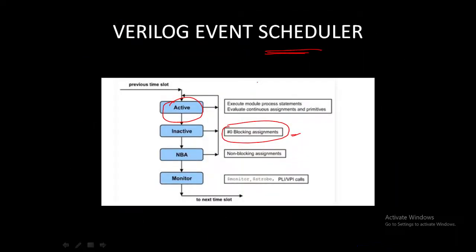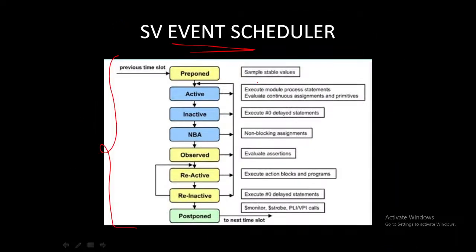Now let's see which events are present in the SystemVerilog event scheduler. The first region is the Preponed region, where sampling of stable values happens. Then the Active region executes module process statements and evaluates continuous assignments and primitives. These regions are the same as in the Verilog event scheduler, so they are not modified.